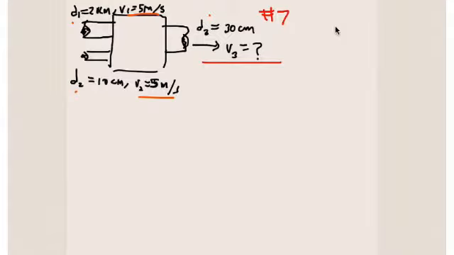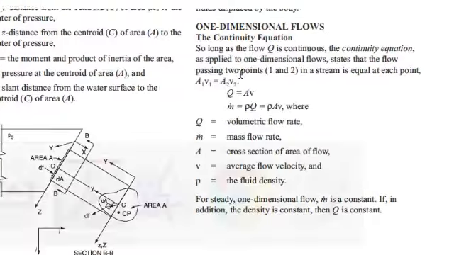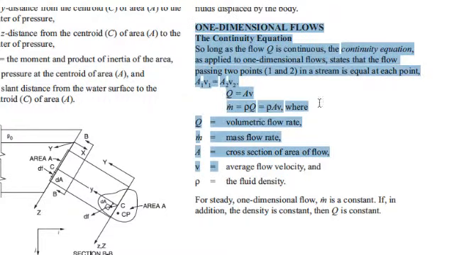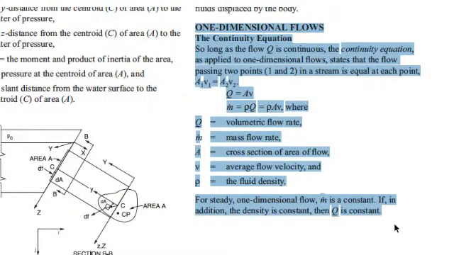Okay, so what I hope you recognize in this particular problem is that this is simply a matter of mass balance. And we know that the mass in is equal to the mass out for a steady state situation. So you'll see this in the FE materials, in one-dimensional flow situations, this continuity equation.